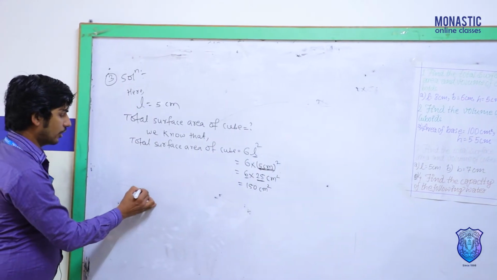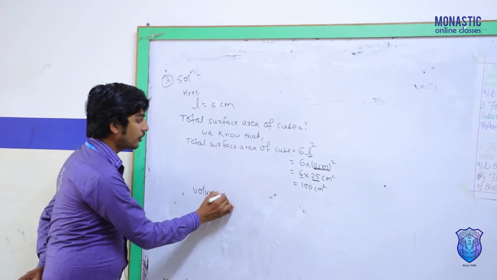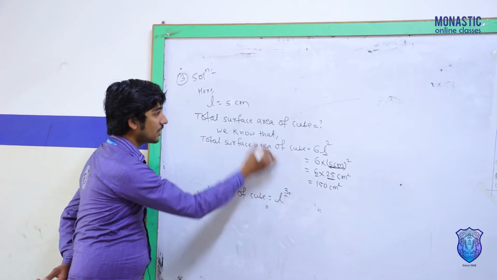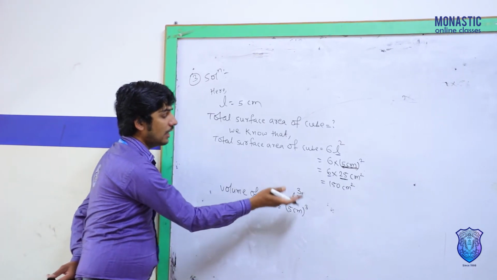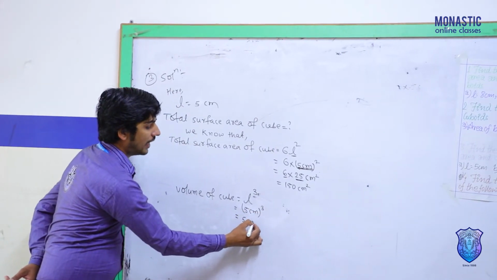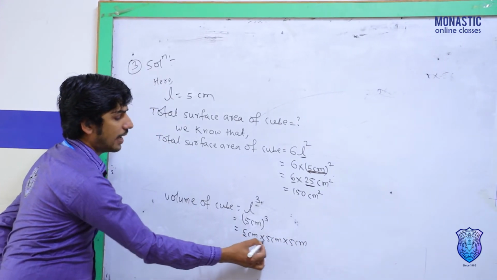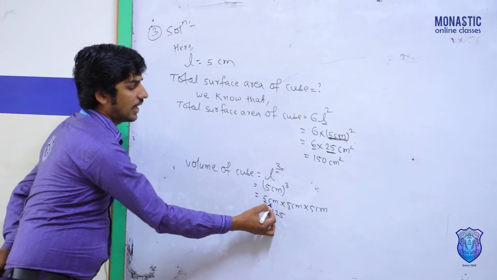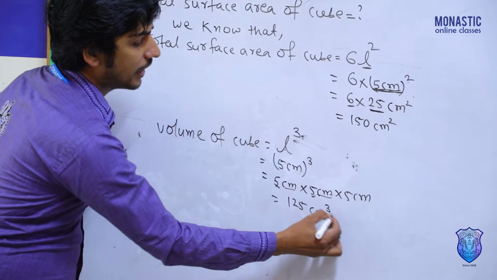After this, the second one is volume. For that, simply you know that volume of cube is equal to L cube, means 5 centimeter whole cube. It means multiply 5 cm into 5 cm into 5 cm, 3 times. So how much is coming? 5 5s are 25, 25 5s are 125, cubic centimeter.